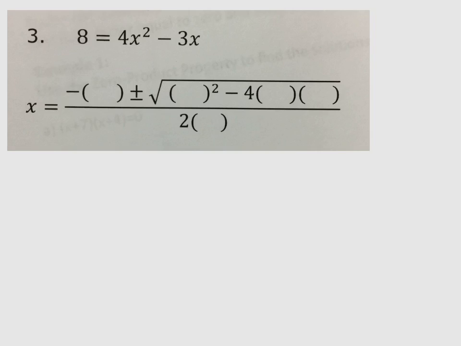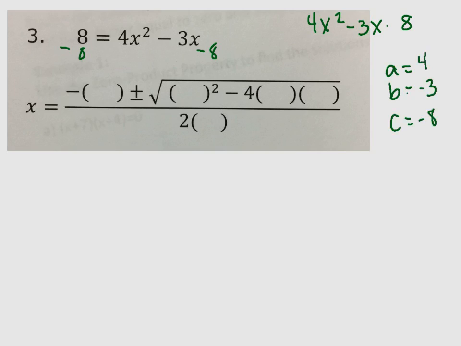And last one, I'm going to help you plug everything in, then I'm going to let Miss Knight pause it, and you're going to finish it. So first we've got to get it to standard form, subtract 8. So we have 4x squared minus 3x minus 8. A equals 4, B equals negative 3, C equals negative 8. Plug everything in.